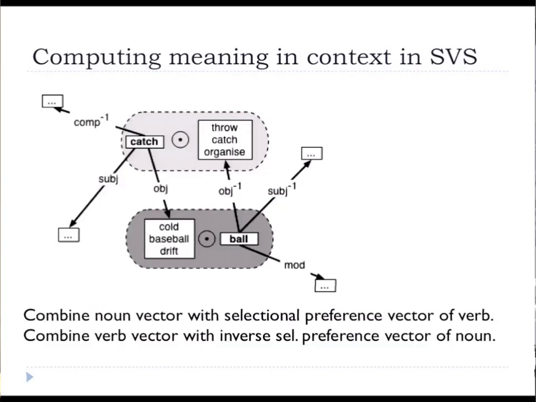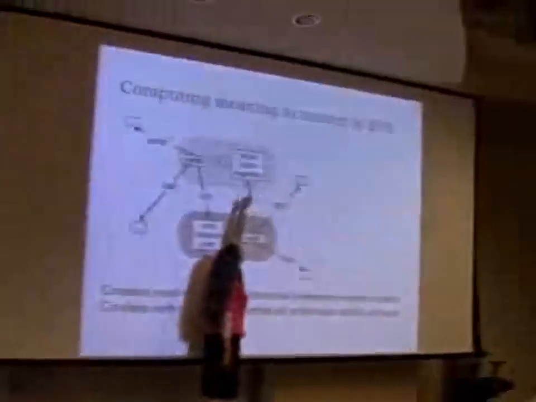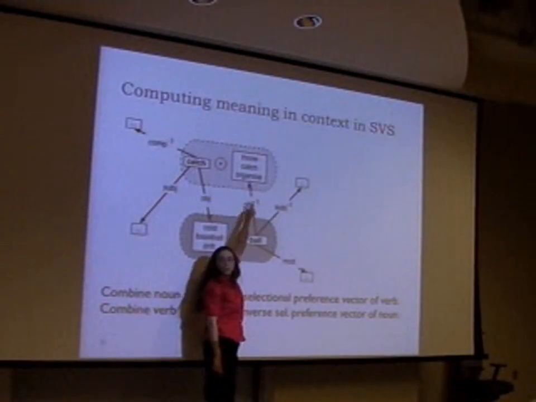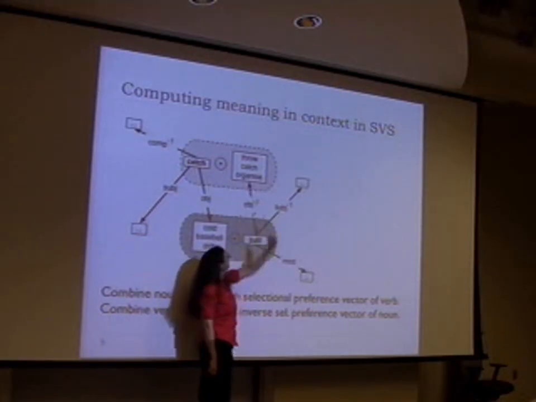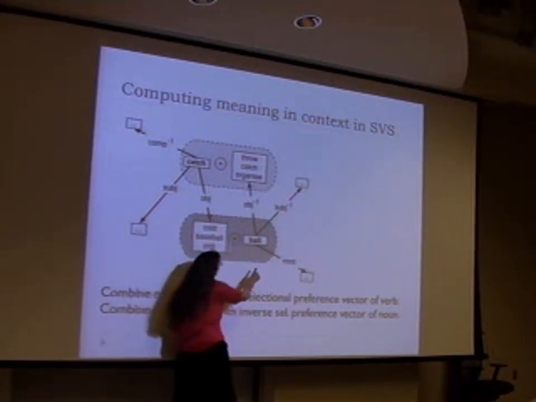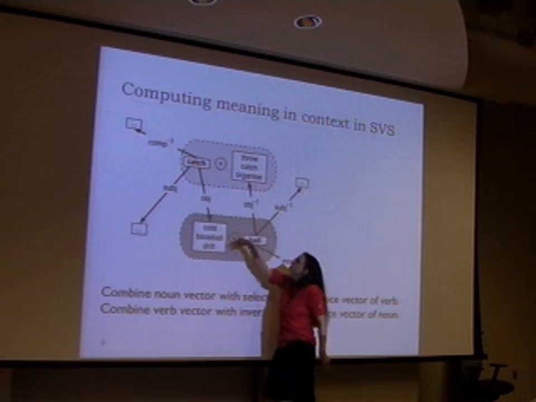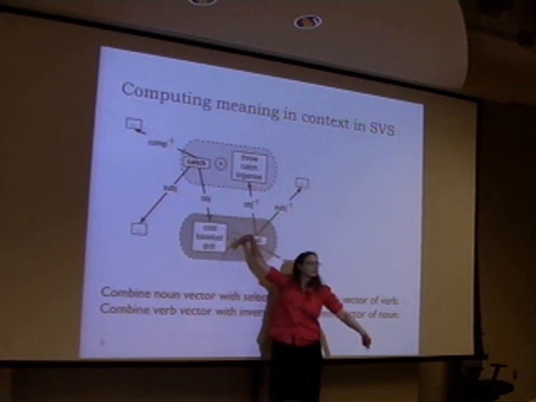As I just said, we want to disambiguate the word catch using the predicates that typically take ball as an object. So we combine the vector for catch with the vector that has throw, catch, organize in it. And we disambiguate the word ball using typical objects of catch.